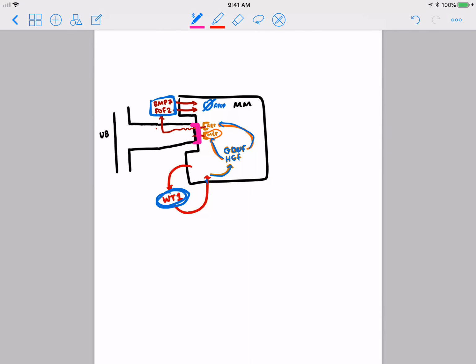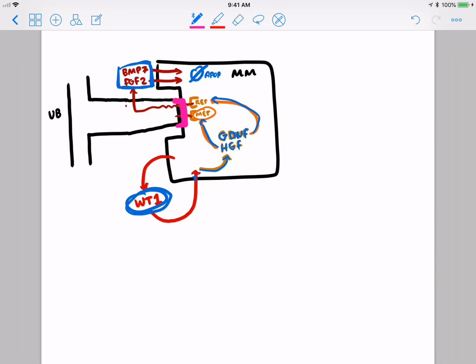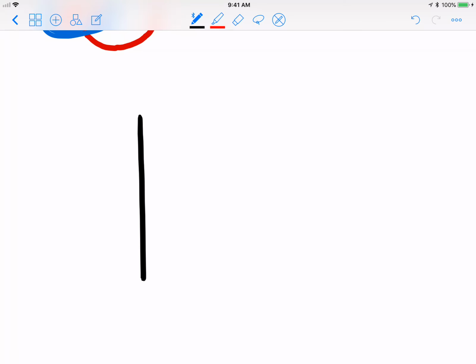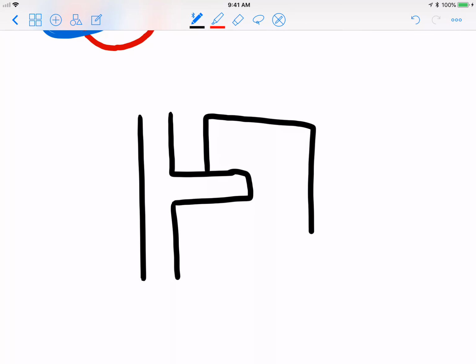So now, before we move on with this, let's talk a little bit about branching. So what's happening? Sticking with our schematic, here is our duct, here is our ureteric bud, and here is the metanephric mesenchyme. Remember, ureteric bud, metanephric mesenchyme.